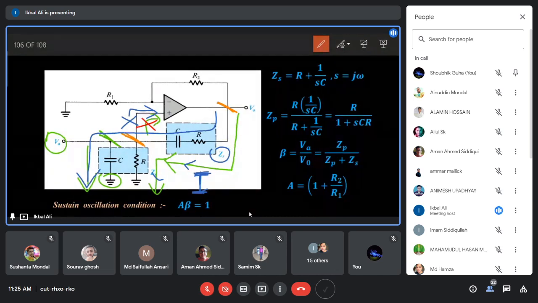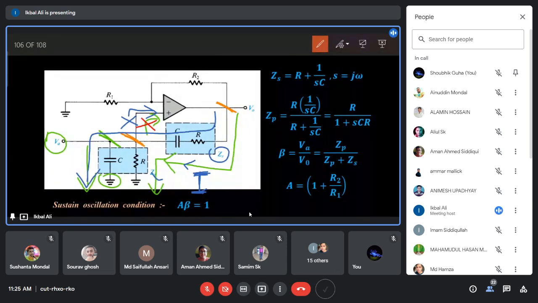Then what will be the current? Current I should be V0 divided by ZS plus ZP. That is the current. And what will be VA? The voltage developed across ZP. It will be the current multiplied by ZP, the parallel combination of resistance and capacitance.